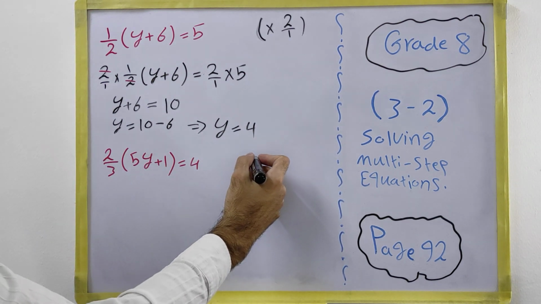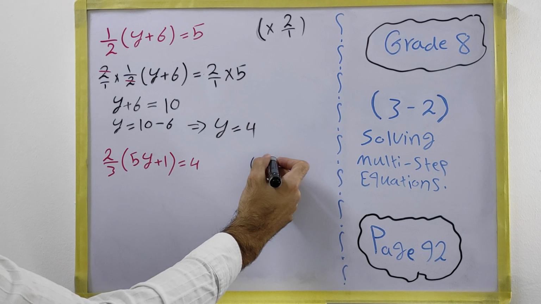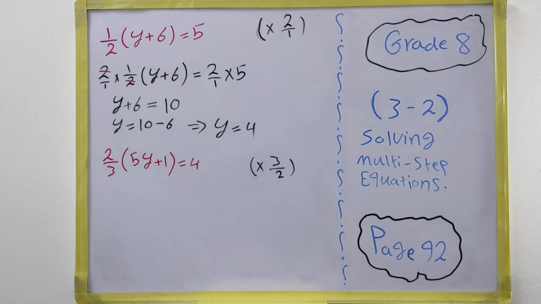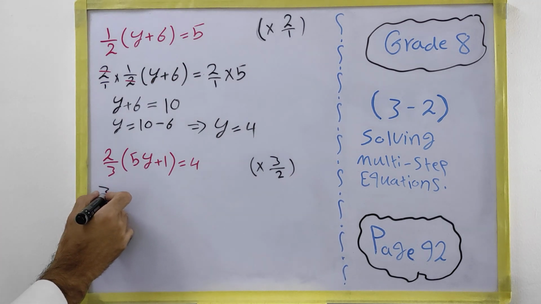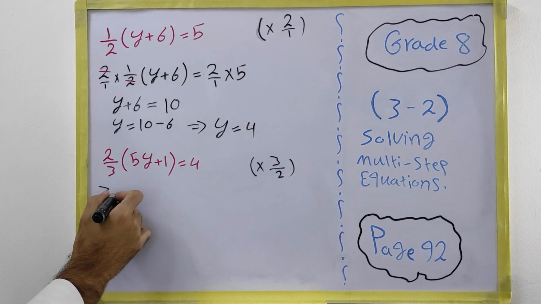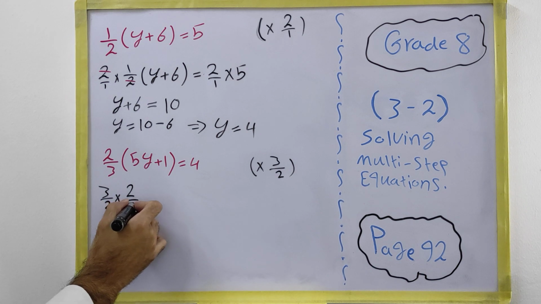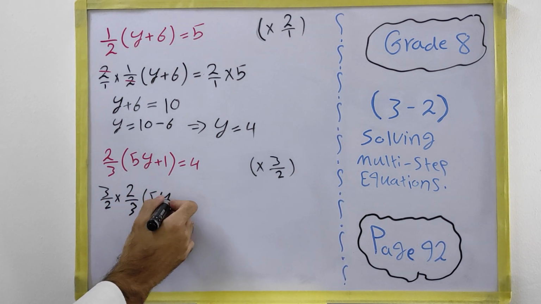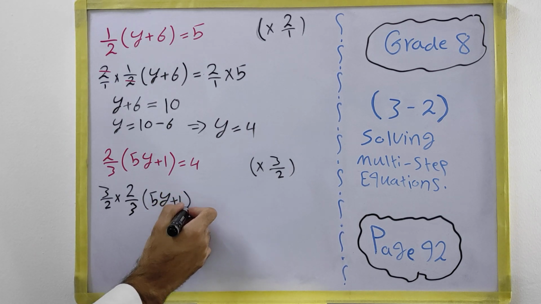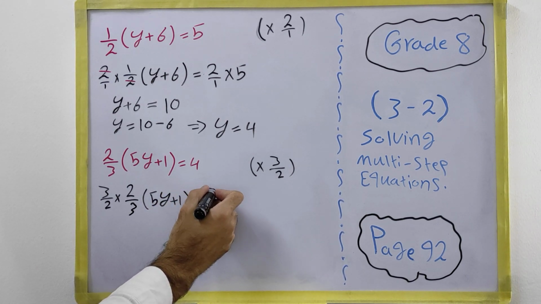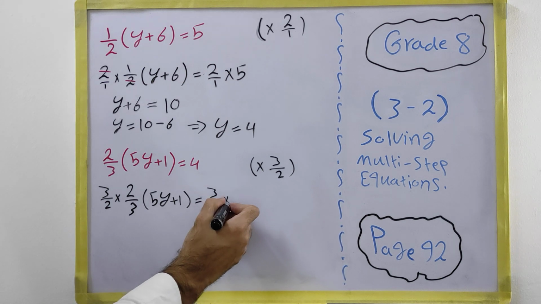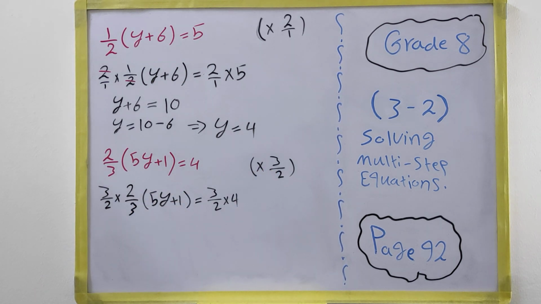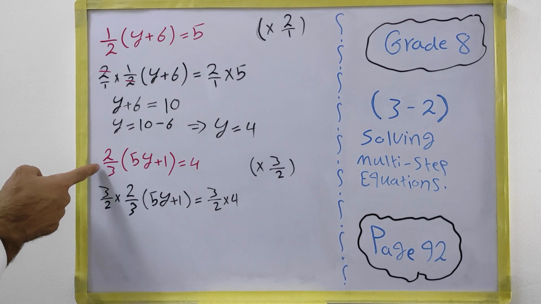And for the next one, we directly multiply by 3 over 2. We multiply 3 over 2 by 2 over 3 times the bracket 5y plus 1, equals 3 over 2 multiplied by 4. We multiply both sides by this number, which is the reverse of the fraction.